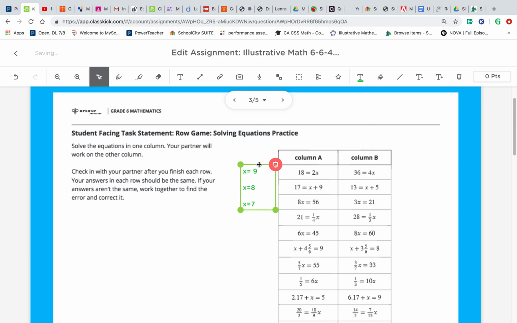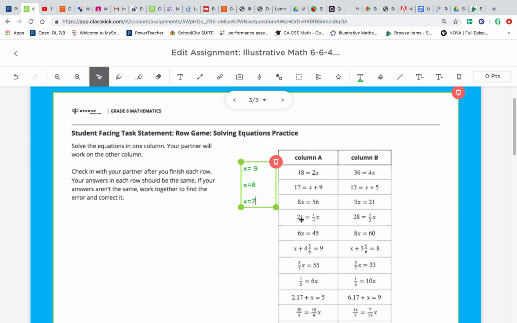All right. And then for the next one, we have 21 equals 1/4 x. 28 equals 1/3 x. Here, it's 1/4 times x. That means we need to divide by 1/4. If we divide by 1/4, that's the same thing as multiplying times 4.